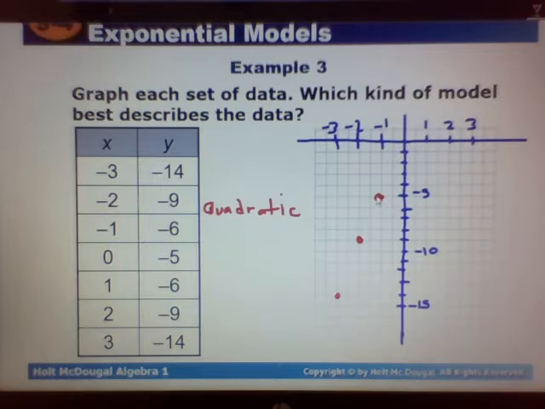So it's kind of looking linear, but then if we go from 0, negative 5, oh, my plotted point's a little off. And then 1, negative 6, 2, negative 9, and 3, negative 14.